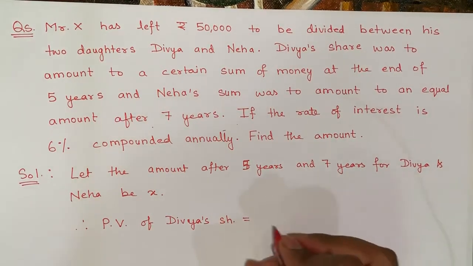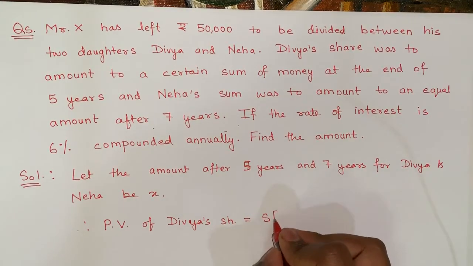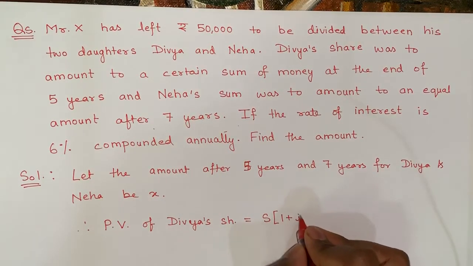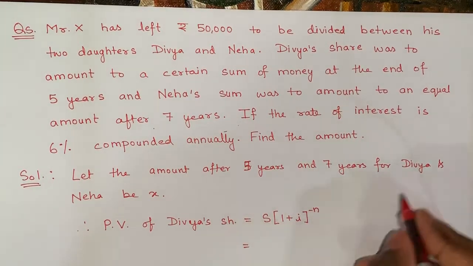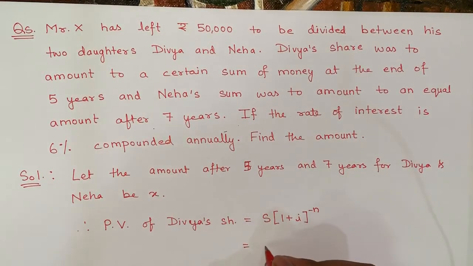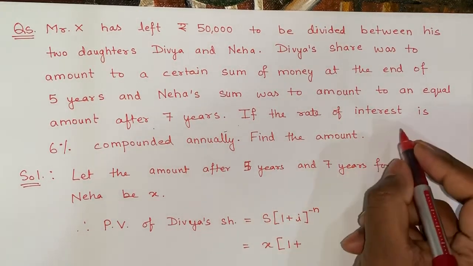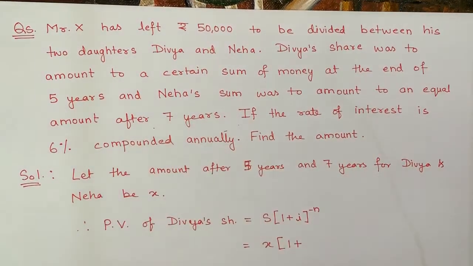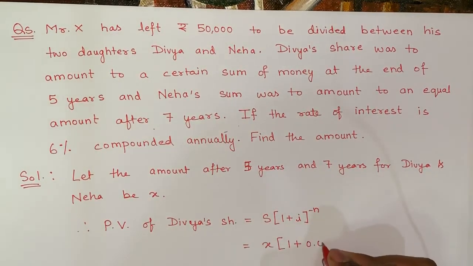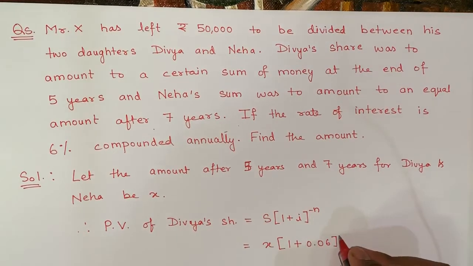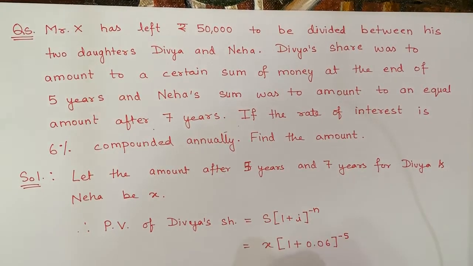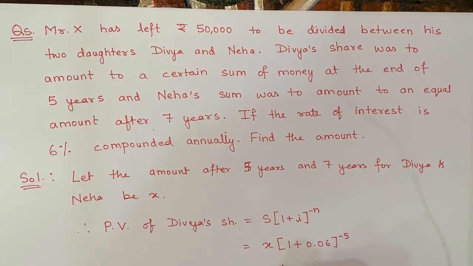The present value would be amount (1 plus i) to the power minus n. The amount we have let it to be x, so it is equal to x (1 plus i), which is 6% compounded annually, so it is 0.06, to the power minus n, which is 5 years, so it is minus 5, which is x (1.06) to the power minus 5.